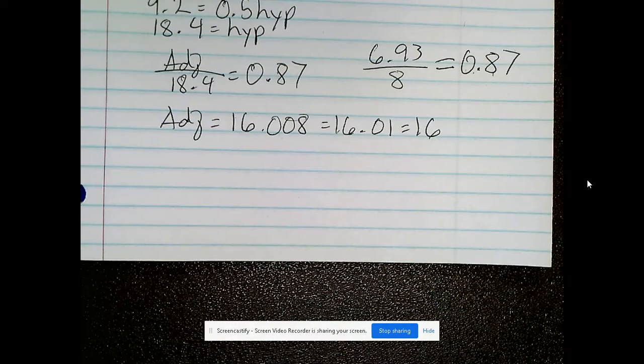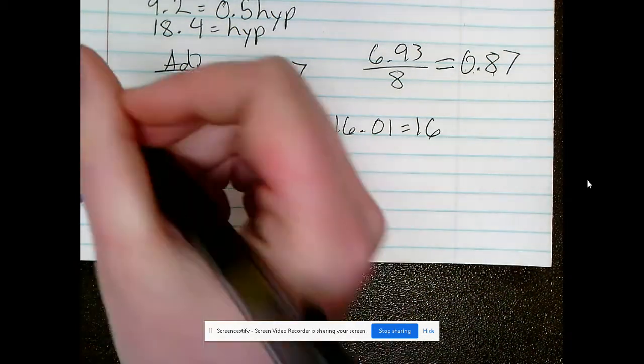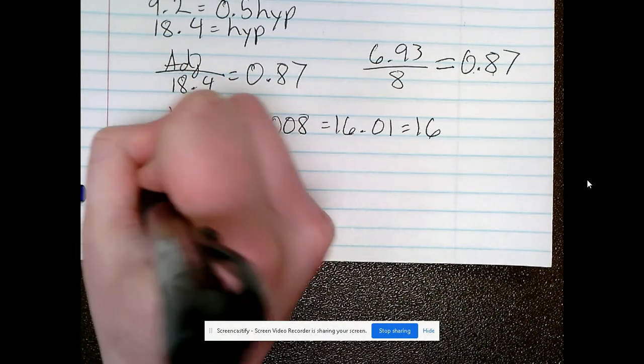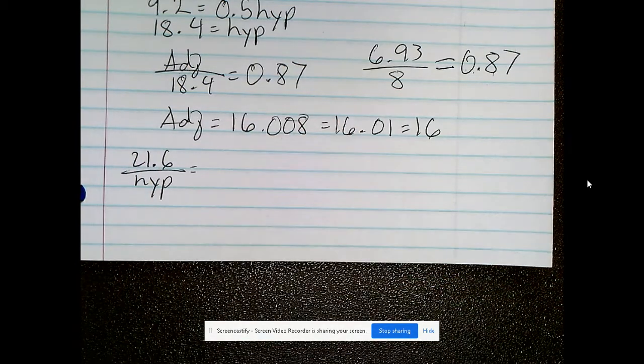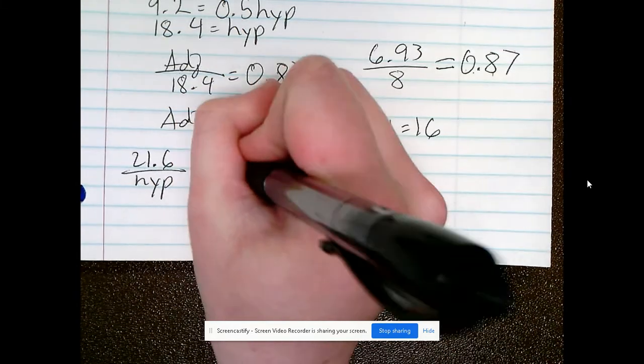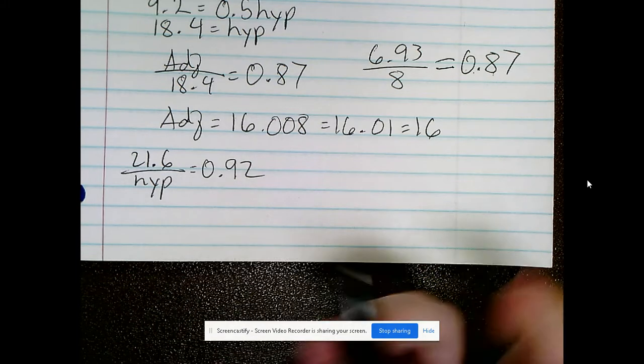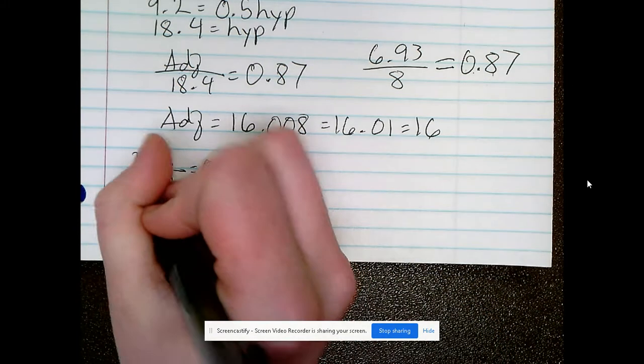We're going to set up our proportions. So for triangle ABC, we have our opposite, which equals 21.6, over our hypotenuse. We know it's going to equal the same number as when we figured out that triangle ABC. So in our chart, it says that 12 divided by 13 equals 0.92. So that means this is going to equal 0.92. So now we need to get the hypotenuse by itself. So we're going to multiply both sides by the hypotenuse.